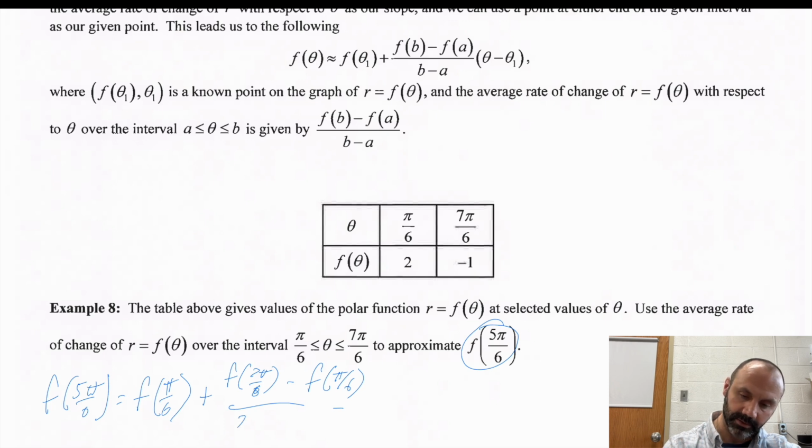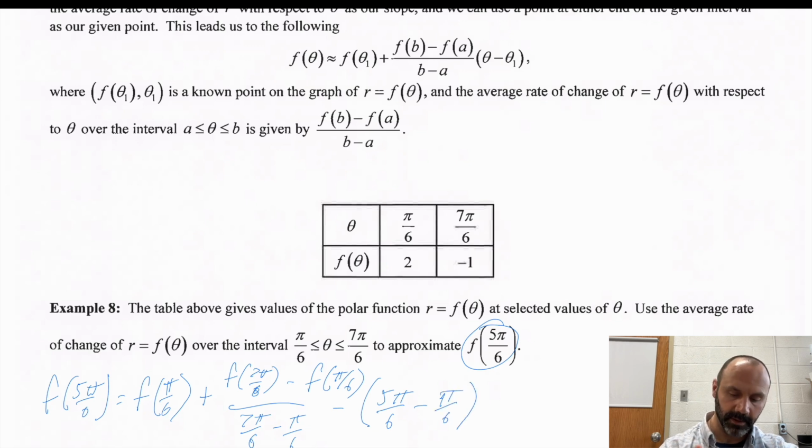Theta 2 minus theta 1. So it's not a 2. 7 pi over 6 minus pi over 6 times, sorry, times the theta that we want to put in, our input, right? So 5 pi over 6 minus our reference point, which is pi over 6, our reference theta.